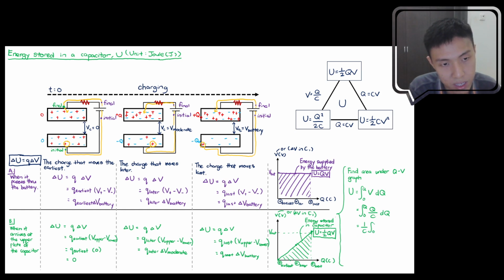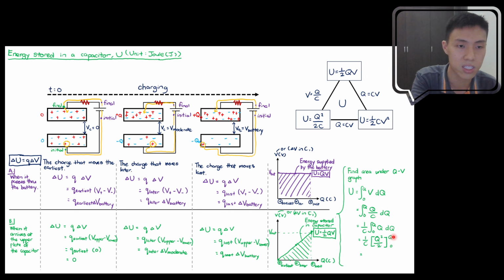So if you bring out the 1 over C in front, right now you just need to integrate this Q over here, which gives Q squared over 2, right? Then you have Q and 0. So if you work through the integral, you take this substitute minus this substitute, you get the final answer, which is just Q squared over 2C.